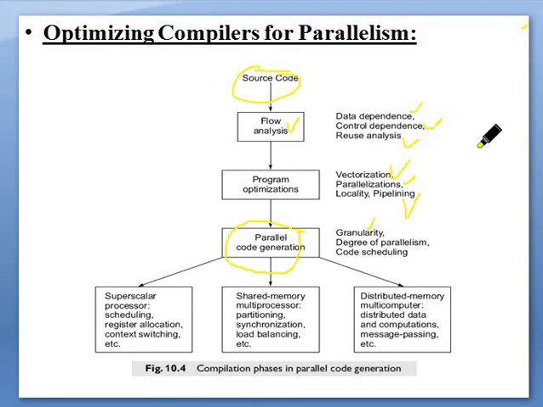Granularity means taking a main task and dividing it into small sizes, so the grain size, that is called granularity. If we attain granularity, we can select many from that small size and get work done in parallel to get a higher degree of parallelism. Next one is code scheduling. Code scheduling is nothing but process scheduling.